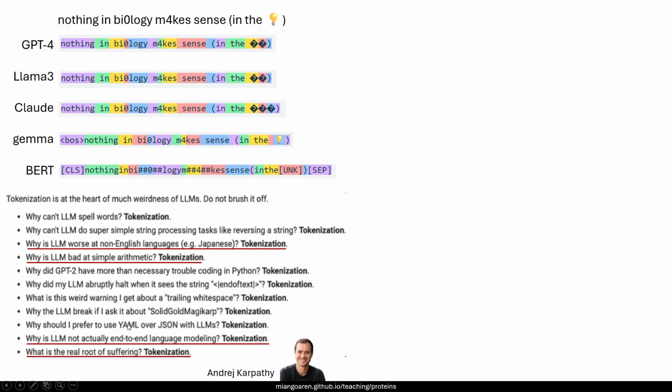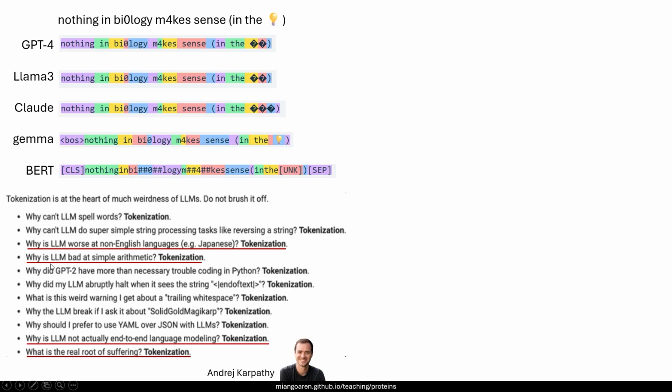So he even suggests what the root of all suffering is. Well, it is tokenization. Why can't current language models be trained in an easier way than a random forest or an XGBoost? Well, it is tokenization too.